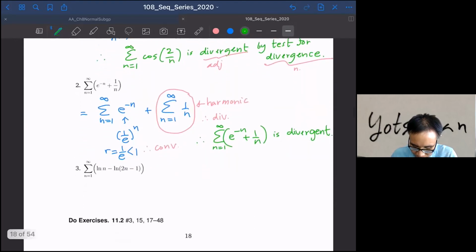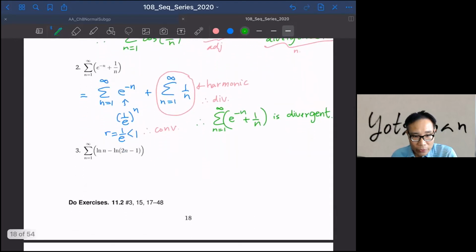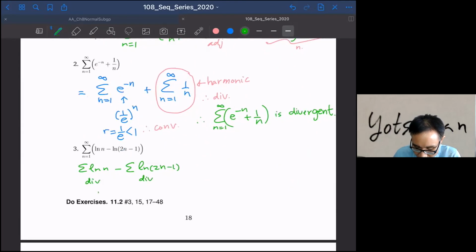The next one is about limit. This one is going to be log minus log. You can see that if you split it into the series of log n minus the series of log 2n minus 1, it's going to turn out to be divergent minus divergent.